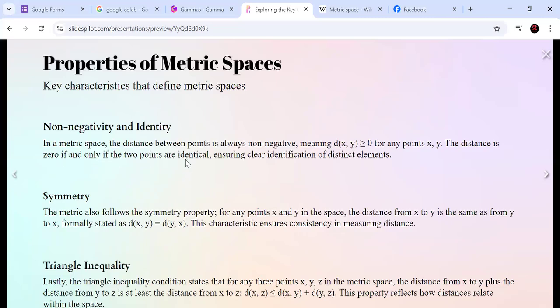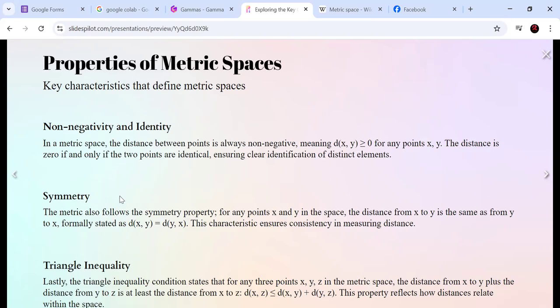When one point overlaps the other point, the distance will be 0. Otherwise, if x and y are not equal, the distance will be greater than 0. So this ensures the clear identification of distinct elements.